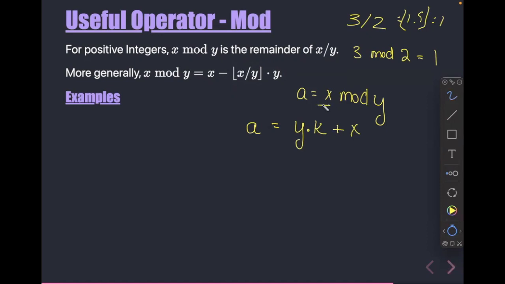Because x could be that remainder, right? So that's what we're saying here. If this is my k, then that could be what we're saying here. So this is another way of representing a number using that mod notation. This is very common, and we'll get more practice with that as well.